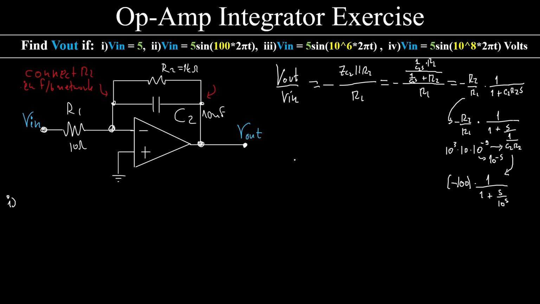Alright, before I do anything, let me draw the transfer function out of curiosity to see what happens. Of course, this is the absolute value. Now, as we have explained, before we reach a point, let's call this 10 to the power of plus 5, this is the omega, the j omega, or s.